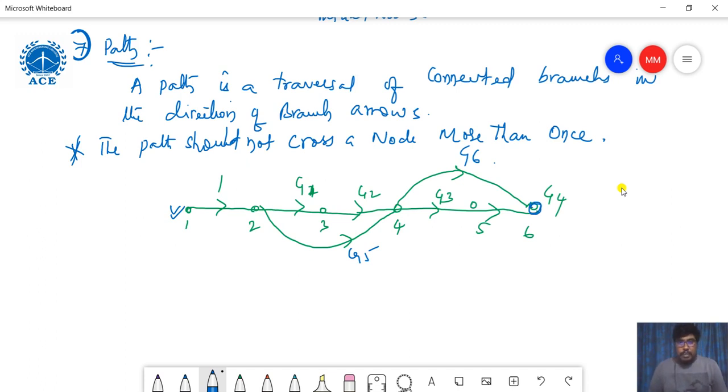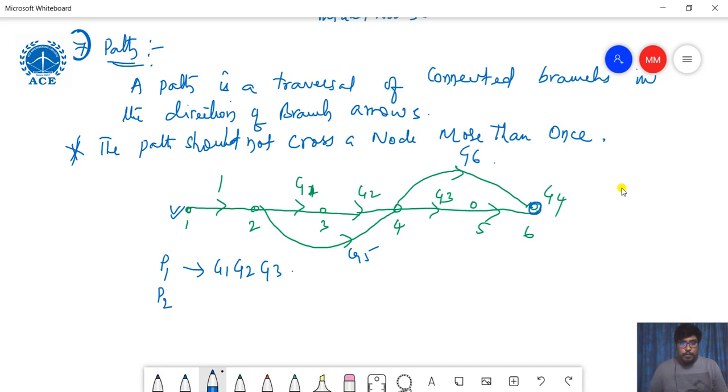The condition is a path should not cross a node more than once. This particular path is never crossing a node more than once, so I can name it P1, path 1. Okay, so we need to take the gain products: 1 into G1, G2, G3. So this is path 1.